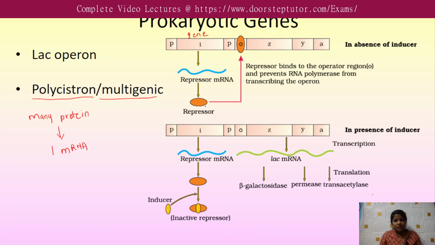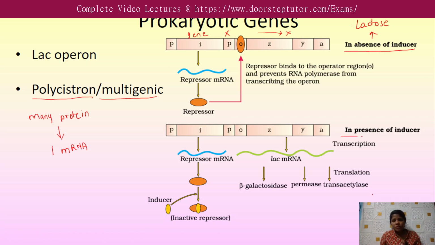So as it is bound to the operator region, RNA polymerase is not able to bind the promoter region. That's why no transcription of the structural gene takes place. And it is done in the absence of inducer, and in this case inducer is lactose.